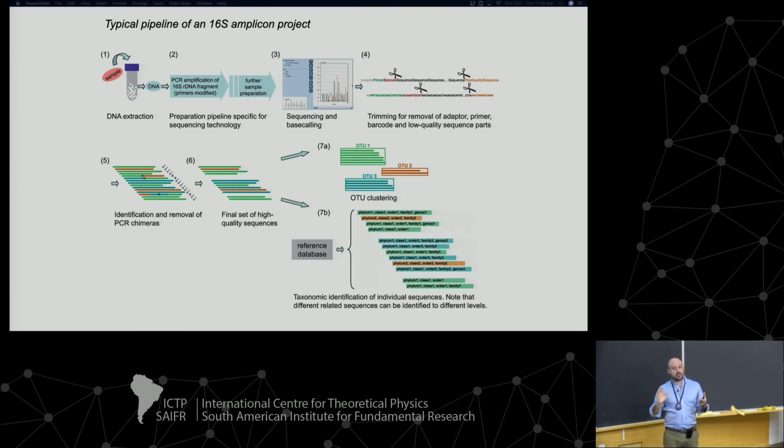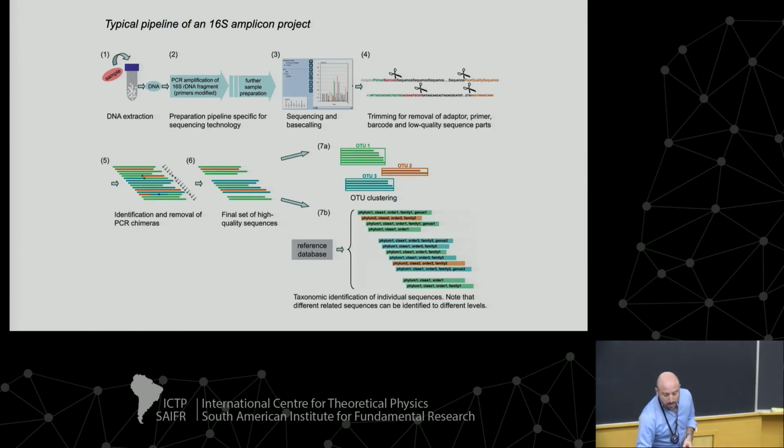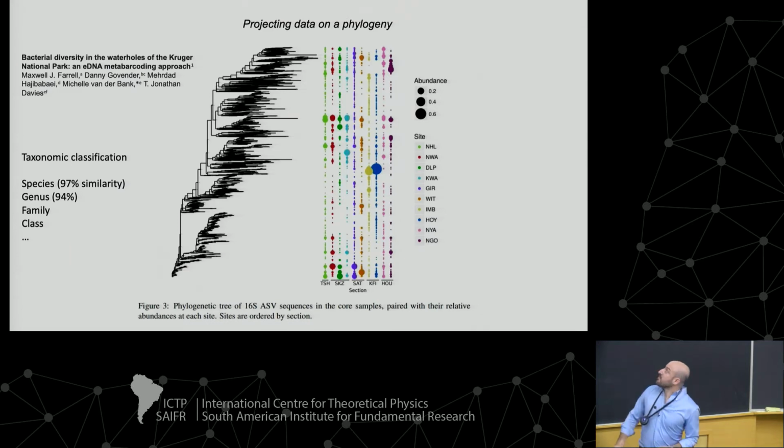So that's one statement. You can sequence your community from my saliva, for example, and project it back on a tree. If these slides would move, you would see, yeah, you can project it on a tree.